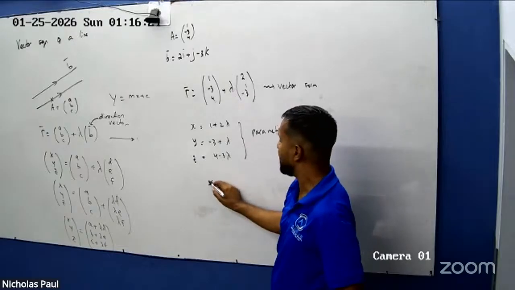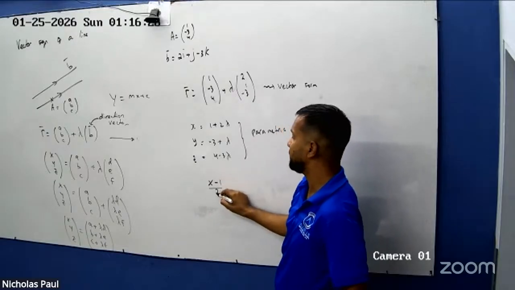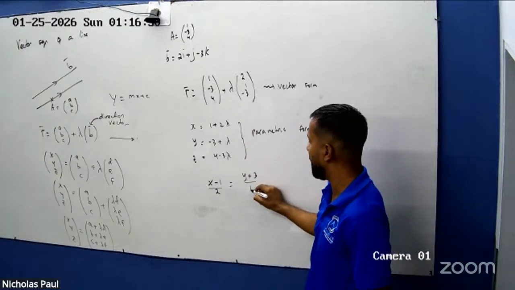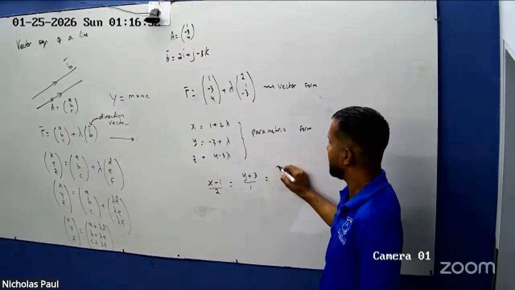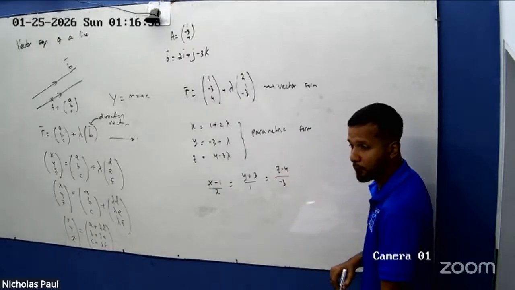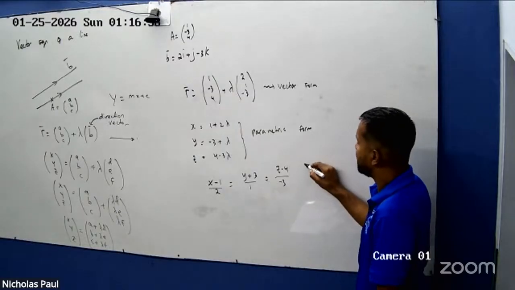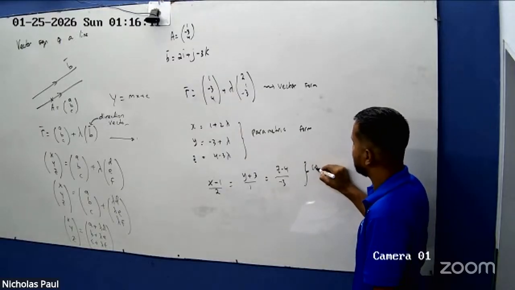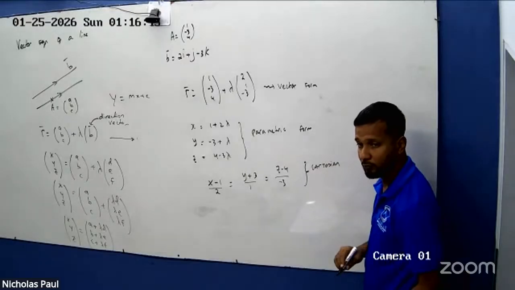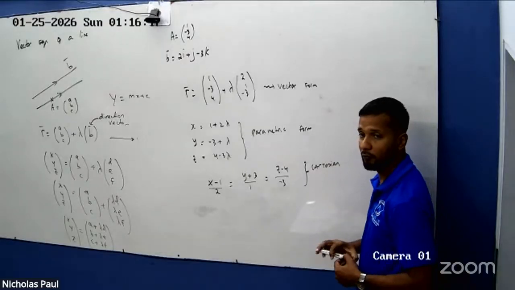So that'll be x minus 1 over 2, y plus 3 over 1, and z minus 4 over minus 3. And this one here is your Cartesian.